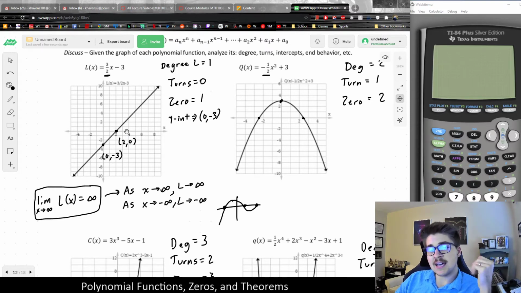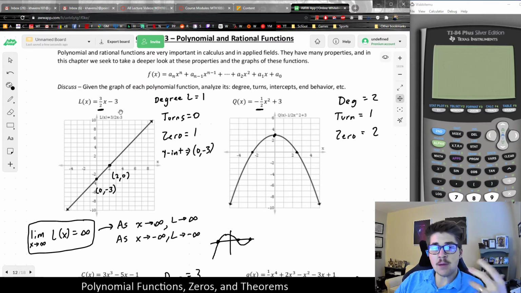And another way to think about this, if you're more of a numbers person, is to ask what if I start plugging in bigger and bigger numbers in for L of x? Say, for example, 100 or 1,000 or 10,000. Is this going to be limited or not? With a polynomial, you're always going to take x, multiply by 3/2 and subtract 3. So say I plug in 1,000,000. I would take 3/2 of 1,000,000, which is 500,000 times 3, which is 1.5 million, and then subtract 3.